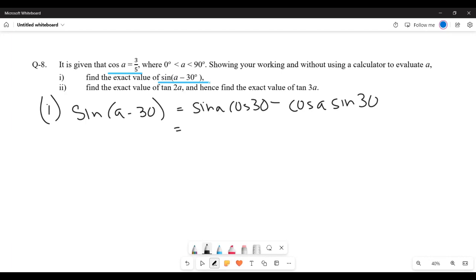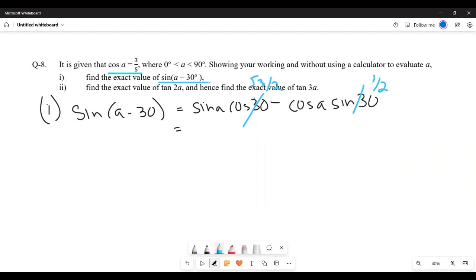Cos 30 is 4 by 5 and sine 30 is half, I believe. So this would be 4 by 5 and that's half. And let's put here. Cos 30 is under root 3 by 2. So I was looking at somewhere else. Okay, this would be under root 3 by 2.